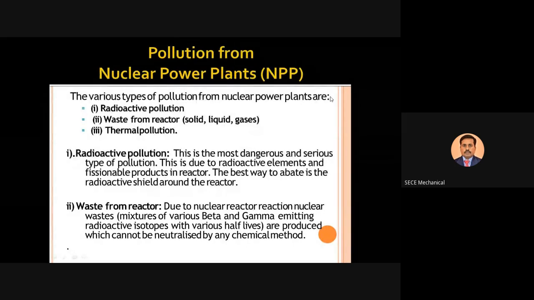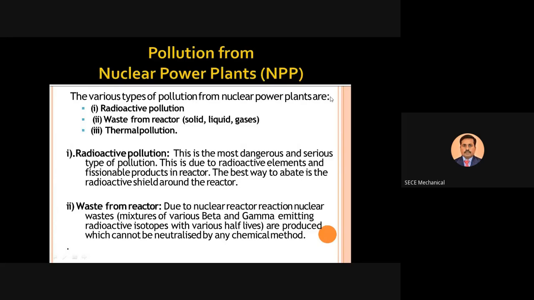We can only protect and control the environmental pollution. What I'm trying to say is the generation of beta and gamma definitely happens due to the radioactive isotopes' chain reaction, but it can be protected by using some chemical or neutralizing method.